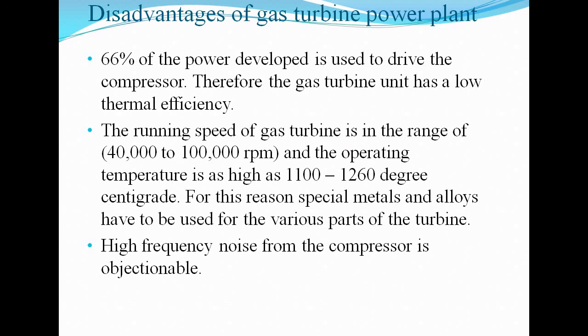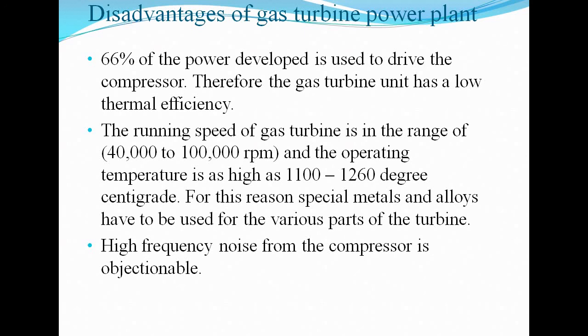Then the running speed of the gas turbine is in the range of 40,000 to 1 lakh rpm, and the operating temperature is as high as 1100 to 1260 degrees centigrade.